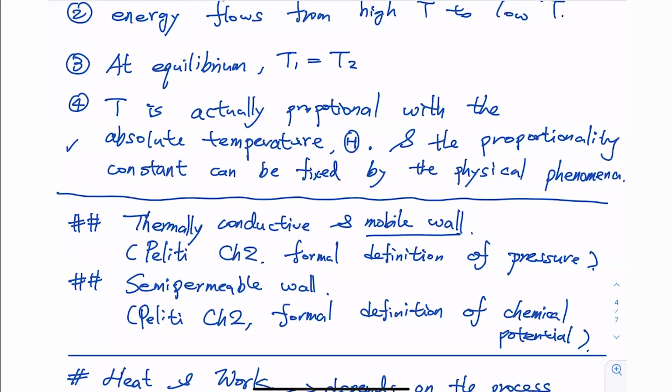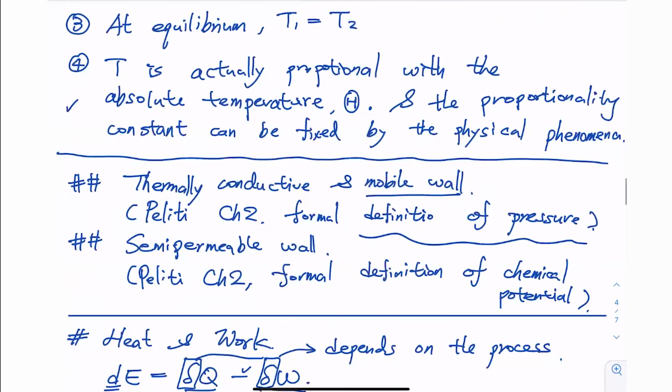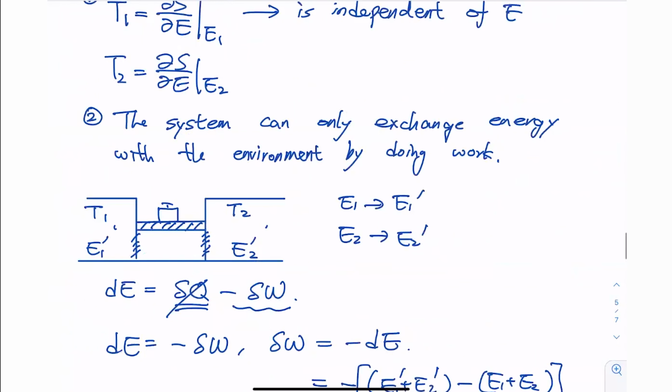Then the formal definition of the pressure will also automatically be connected to the physical pressure that we are familiar with, and the chemical potential similarly. So the whole framework of thermodynamics can be defined using these postulates of entropy bit by bit. Okay, so that's basically the logic behind it.